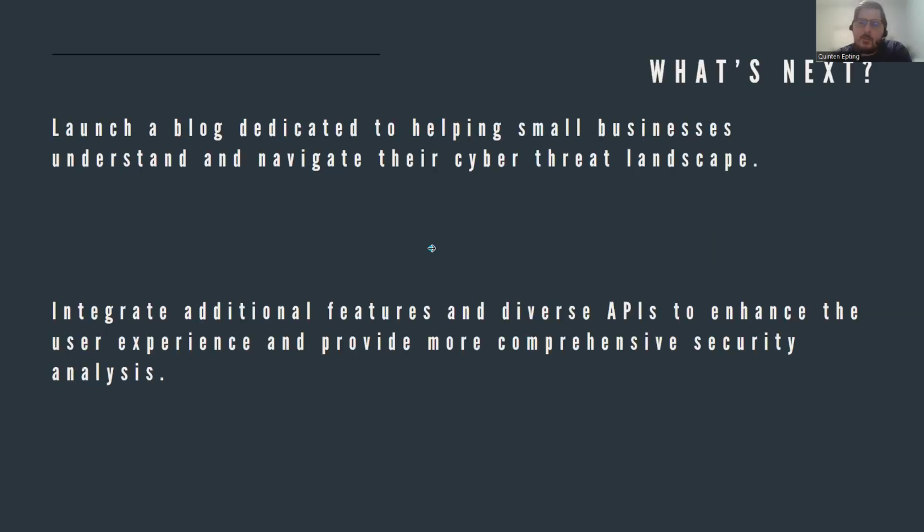So, next steps for Risk Radar. I would be interested in launching a blog within the website to break down the alerts as they come through, maybe what to look for and how to mitigate some of the risks associated with those alerts.